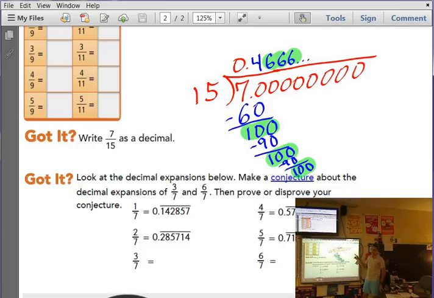This becomes 0.4 with the 6 repeating. So you could just put a bar over just the 6, even though it starts with a 4, it then turns into a repeating.